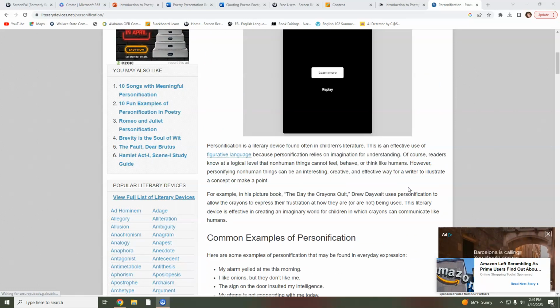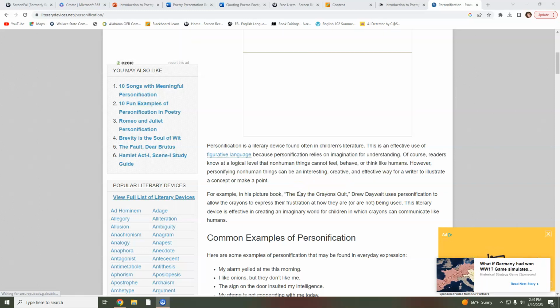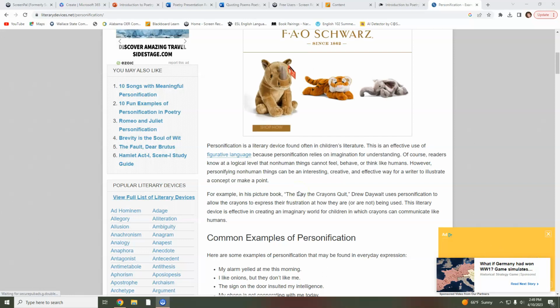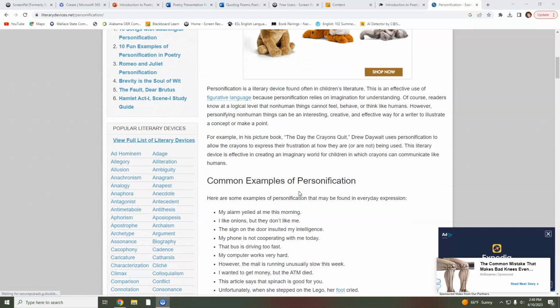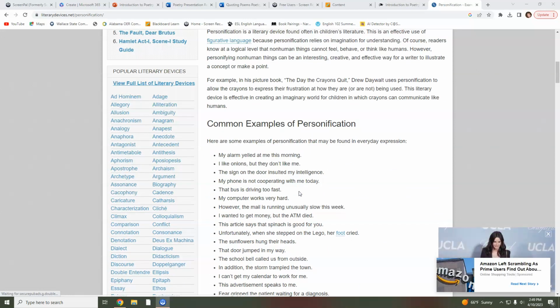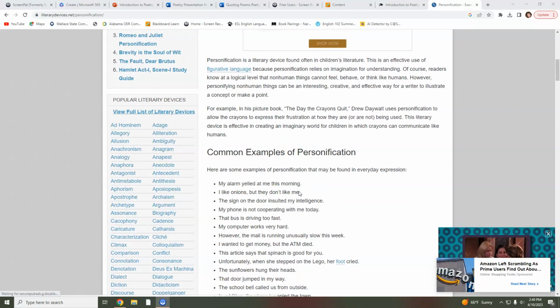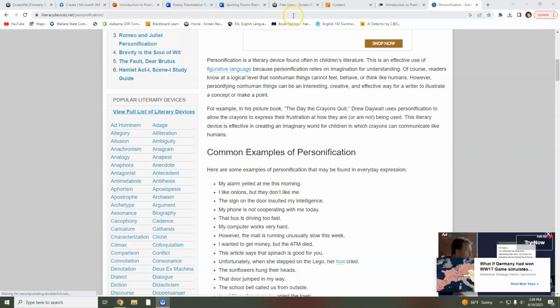So don't stress yourself out if you feel like there are two or more types of literary device or figurative language that overlap. Just pick one and make sure that you can make that one fit with what you're trying to say about the poem or that line of the poem.